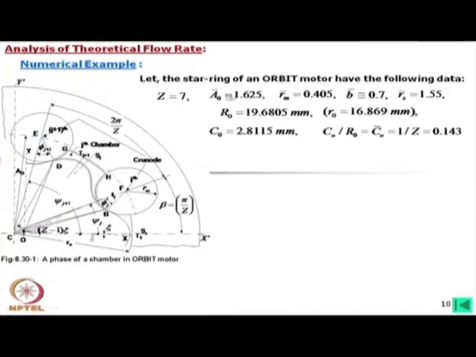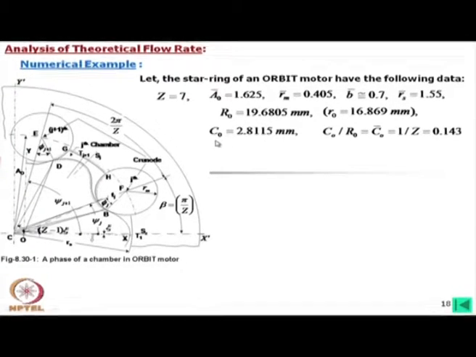So, you can imagine what the actual dimensions are. Then R 0 is the radius of the inner centroid for the epitrochoid, which is 16.869, but this is not required because we have non-dimensionalized with respect to this one.